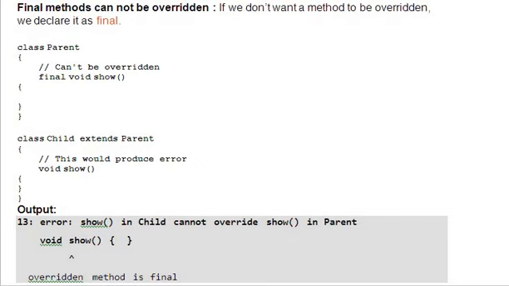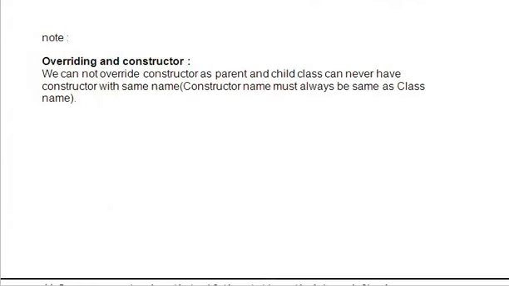Any method which is declared as final cannot be overridden. So we can't even override a constructor, as parent and child class can never have a constructor with the same name.